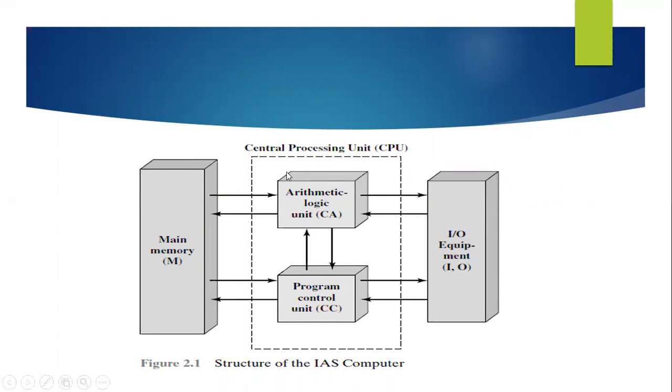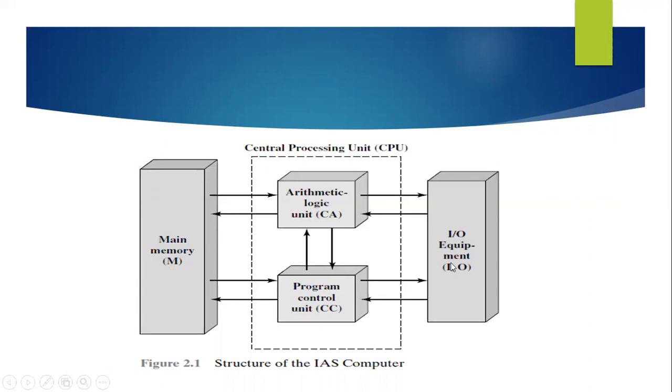Then the arithmetic logic unit processes that data, and it is stored in main memory. Whenever you want some result back, the program control unit will go to main memory, fetch that result, and send it to your output device.